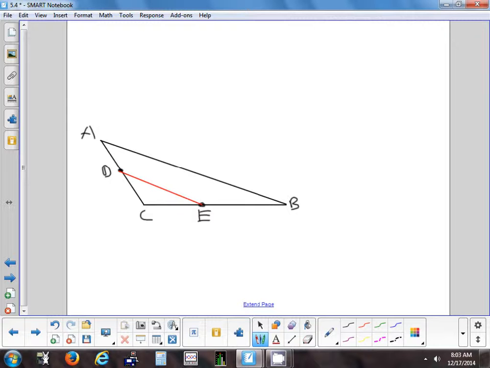Okay, so you're arguing maybe that these are similar triangles? It could be. We haven't studied similar triangles yet. We will be looking at those later on. We've only done congruent triangles, but maybe triangle DCE is a smaller version of ACB. Could be. I think you are right on that.